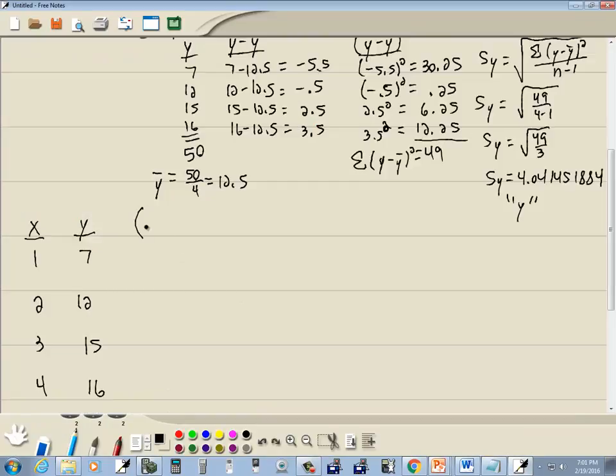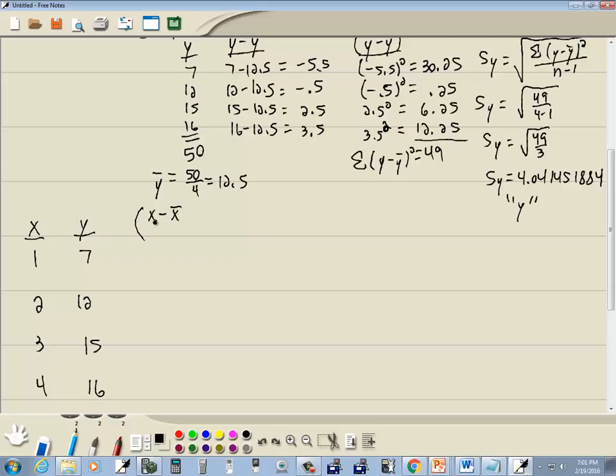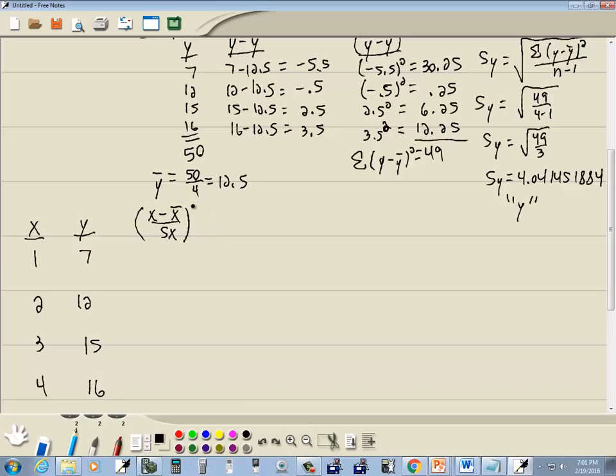So I'm going to need x minus x bar divided by s sub x, not squared, times y minus y bar over s sub y.